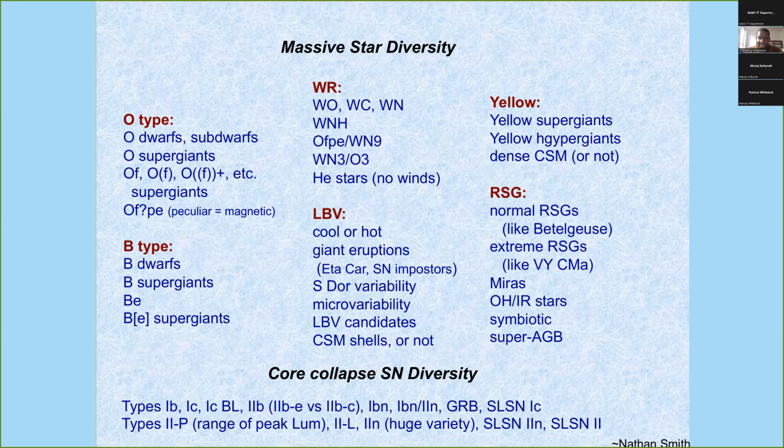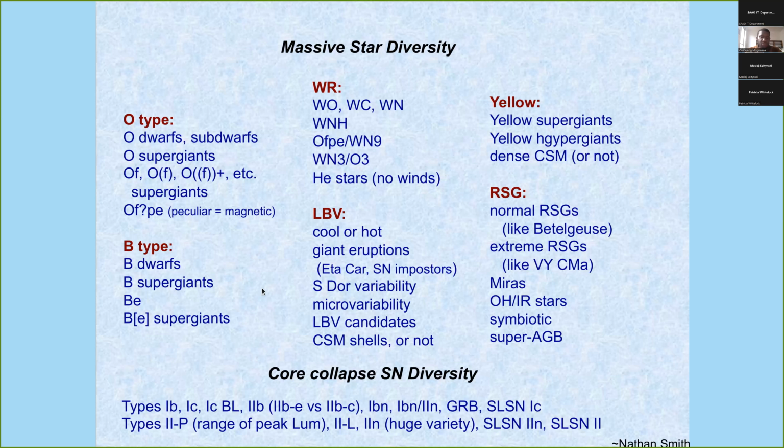This is something that's really important in the supernova community, because if you know the mass loss rates and how the star lost its mass during its lifetime, you can track down how it actually lived.